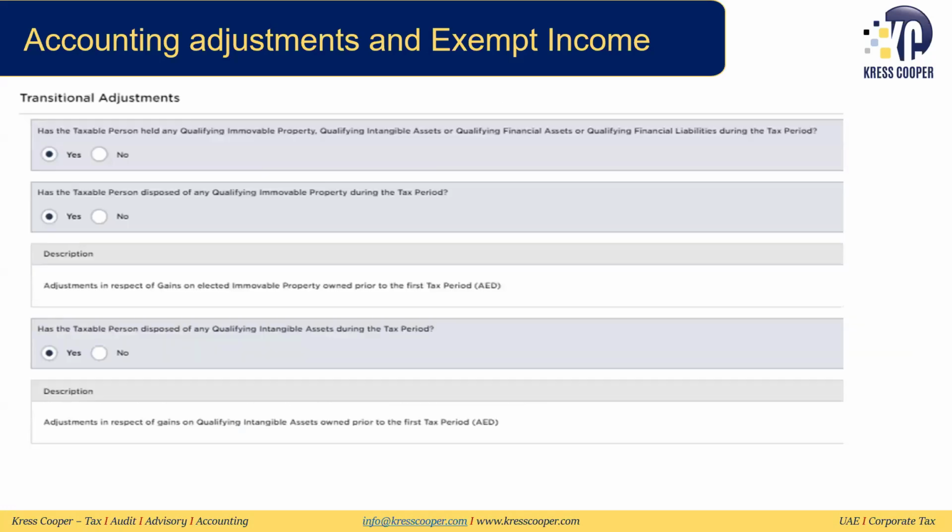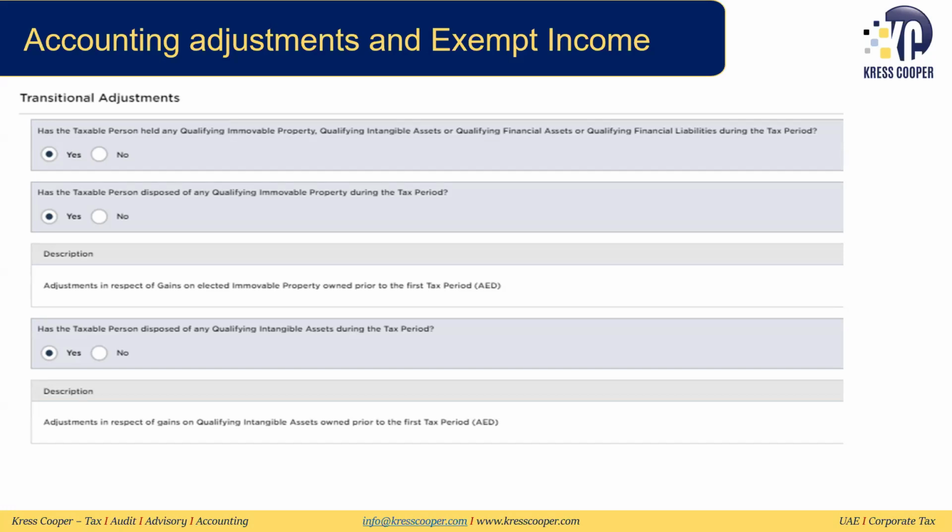Now, the transitional adjustment, like we discussed already, that we've made the election. First, it will ask you for this tax period, if the taxable person held in their books any qualifying immovable property, qualifying intangible asset, or qualifying financial assets or financial liabilities during the period. If you mark it as yes, then it will ask you separately for all three categories.